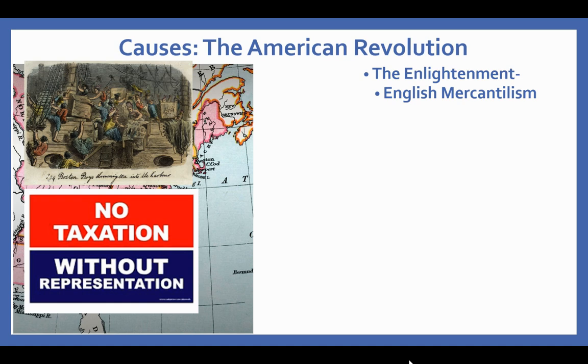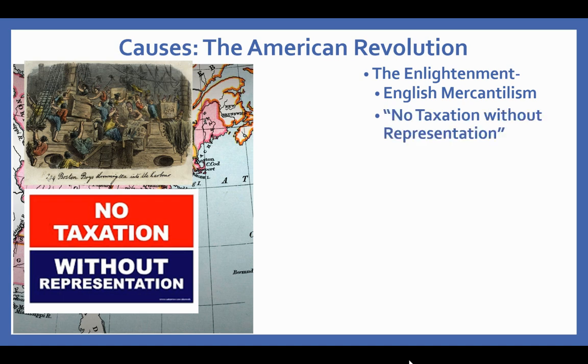But also, the British government looked at the colonies and wanted them to pay higher taxes to be able to defend them from the Spanish and the French. So this British mercantilism, the fact that they were being made to buy British goods and pay high taxes, really did not make sense to the colonists.